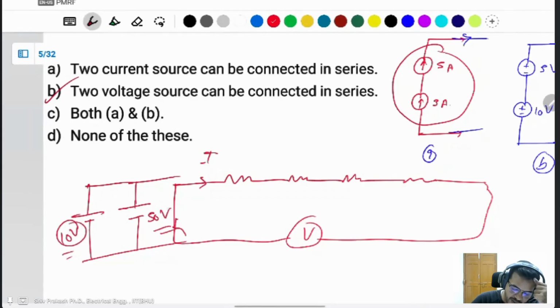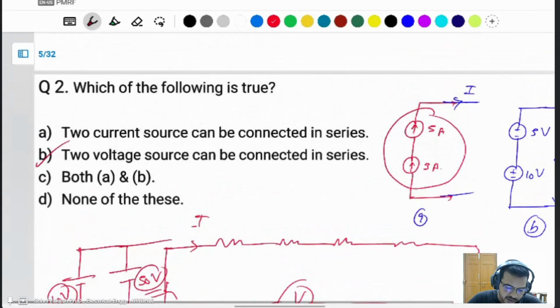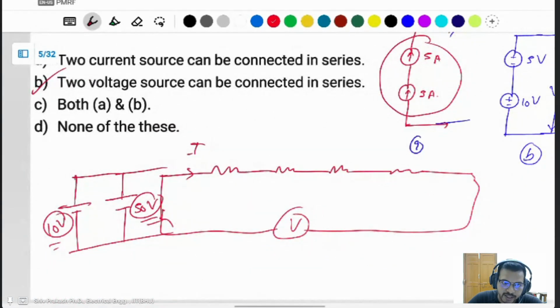Or 10 volt and another 15 volt. In ideal cases, you can't connect them. In practical cases, every voltage source has some internal resistance. That's why you can connect them in parallel also, with the same rating, to increase the current rating of the whole battery pack.